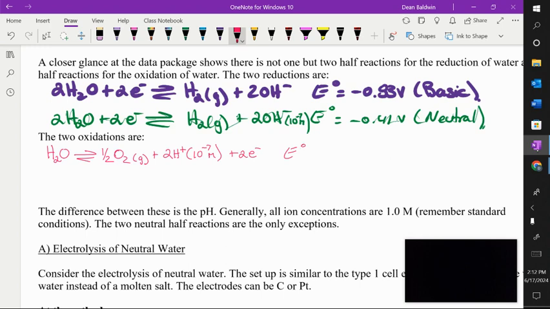It has an E naught of negative 0.82 volts, and that is the neutral.